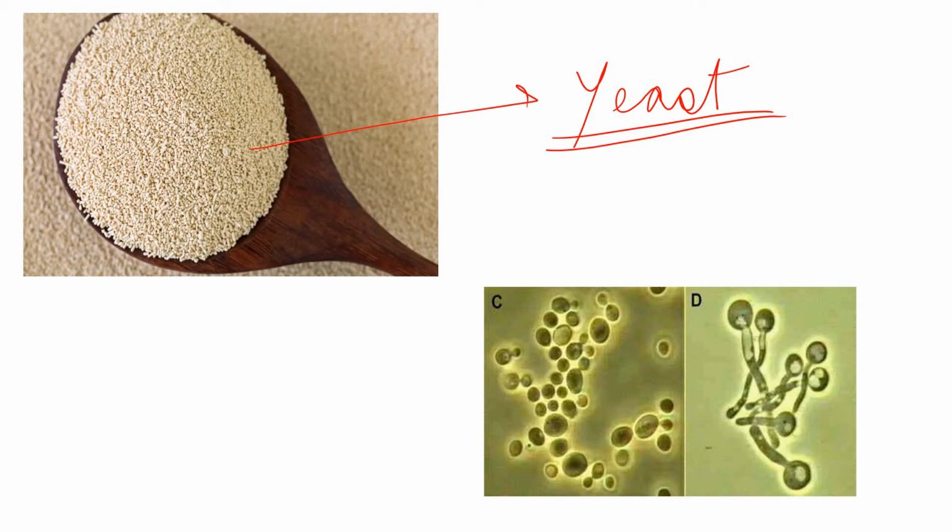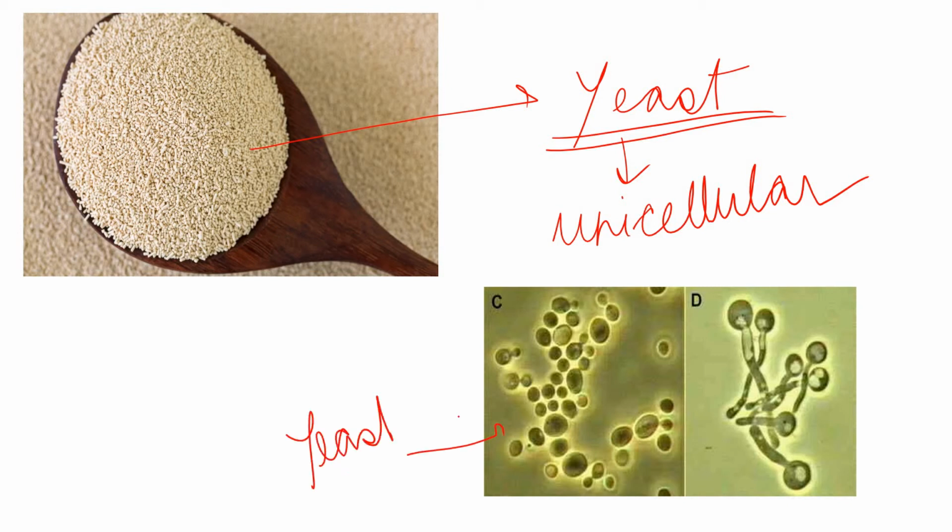So this is yeast, and yeast is only that kind of a fungus which is unicellular. Rest all fungus are multicellular. See, this is yeast. Okay, these are yeast, and they are all one cell, single. Okay, they are not multicellular in structure. Understood?